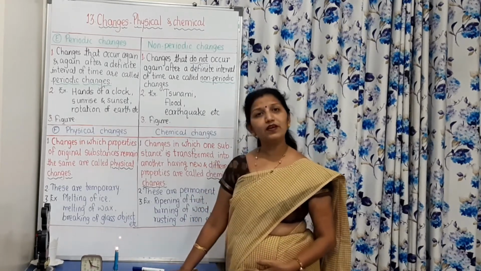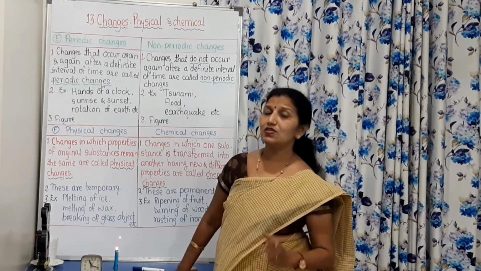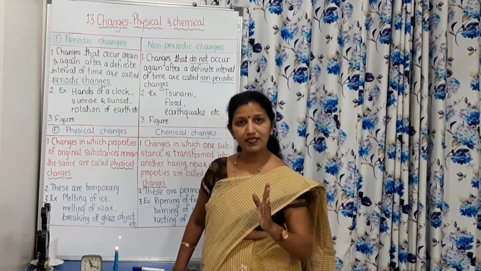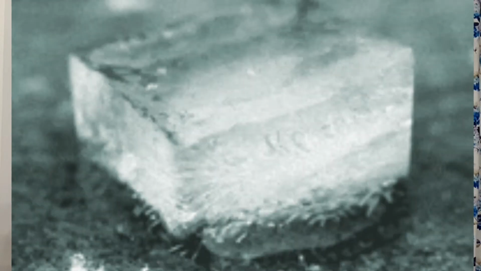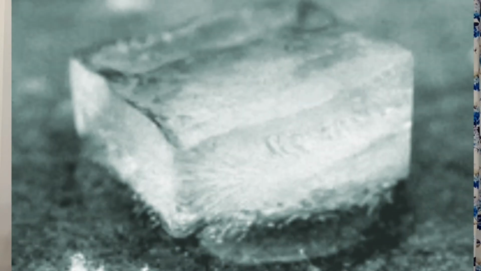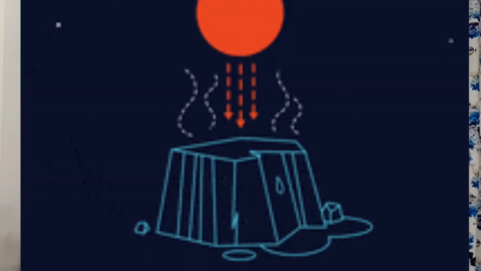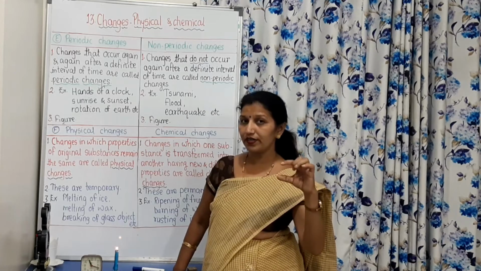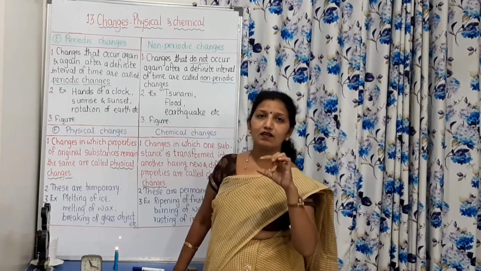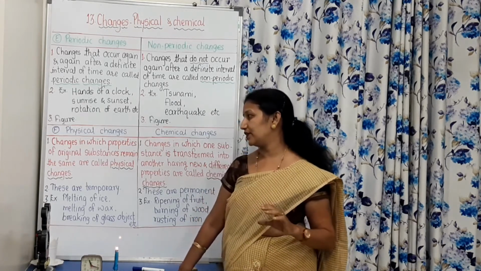Then melting of ice. When the solid, that means ice, is converted into liquid on heating, in water, at that time the original substance, that means water, does not have other properties.